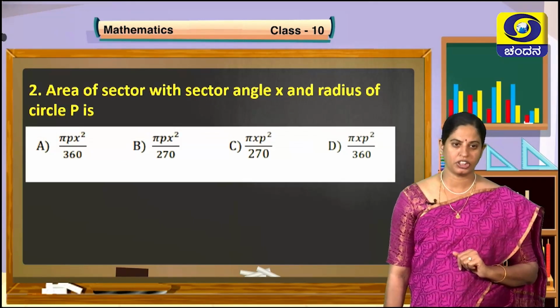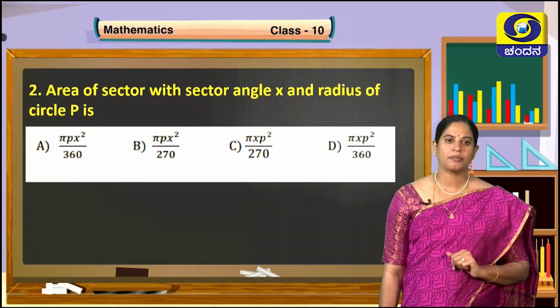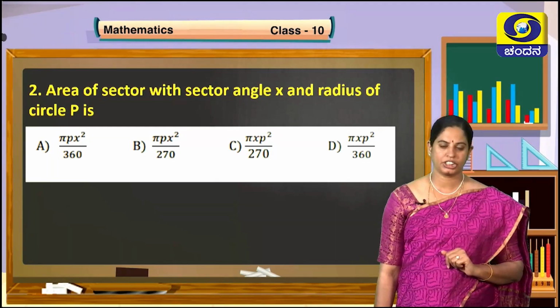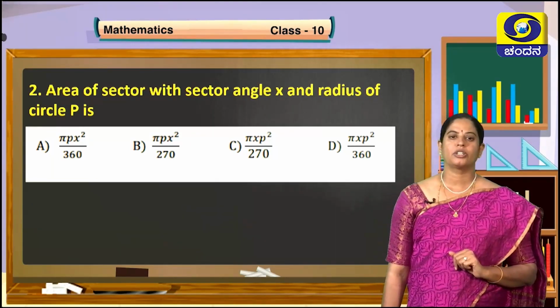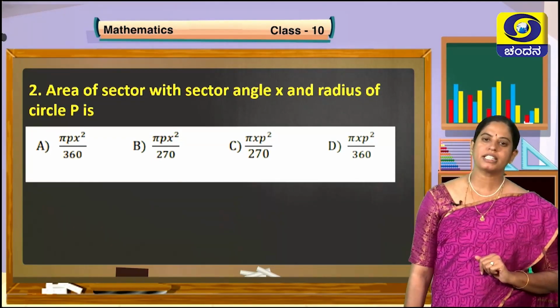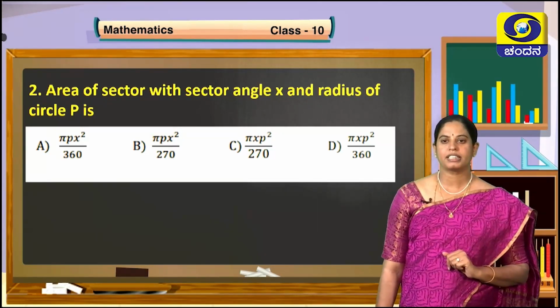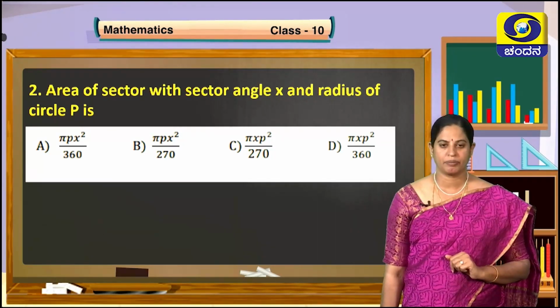Here are the four options. Read the options carefully. Option A, pi p x square by 360 degree. Option B, 2 pi x square by 270 degree. Option C, pi x p square by 270 degree. Option D, pi x p square by 360.